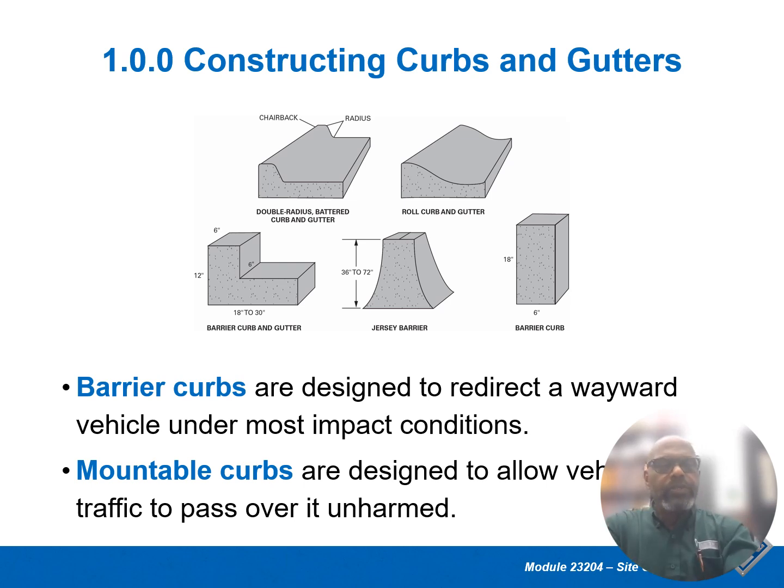So here we're going to talk about different types of curbs and gutters. The main type is a barrier type curb, a barrier meaning that it's designed to keep cars from driving over it. The other type, the mountable type, is a curb that's designed to allow traffic to go over the curb without damaging it.